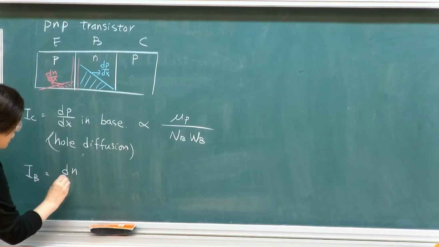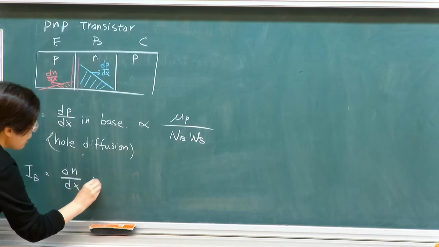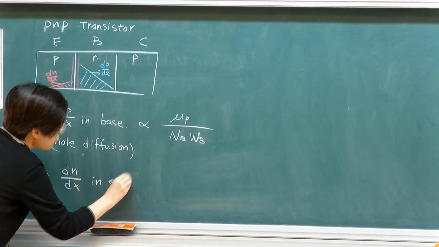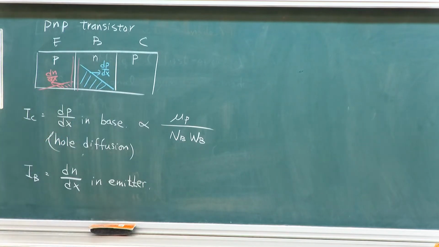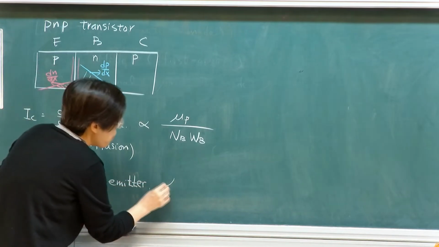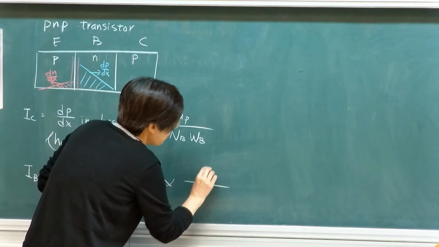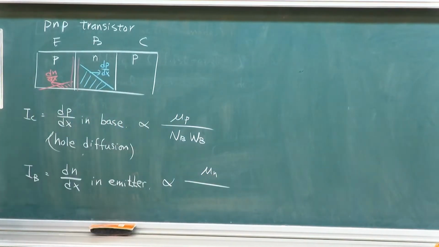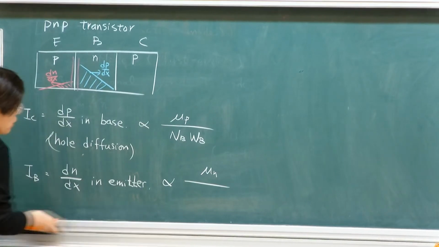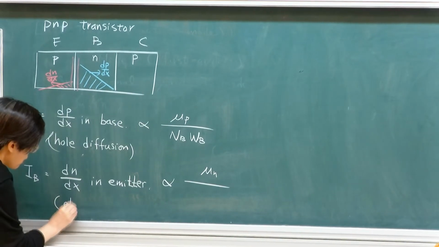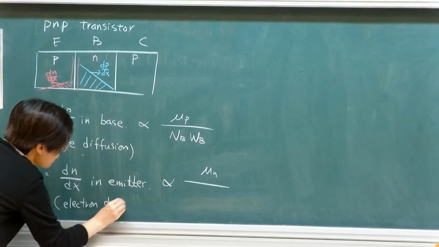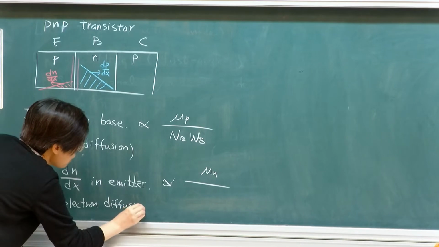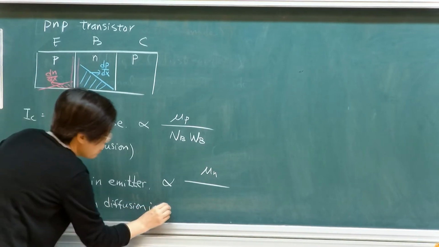The base current is determined by dNdx in emitter. That would be proportional to mu n because it's electron current. Let me write it down: it's electron diffusion in emitter.